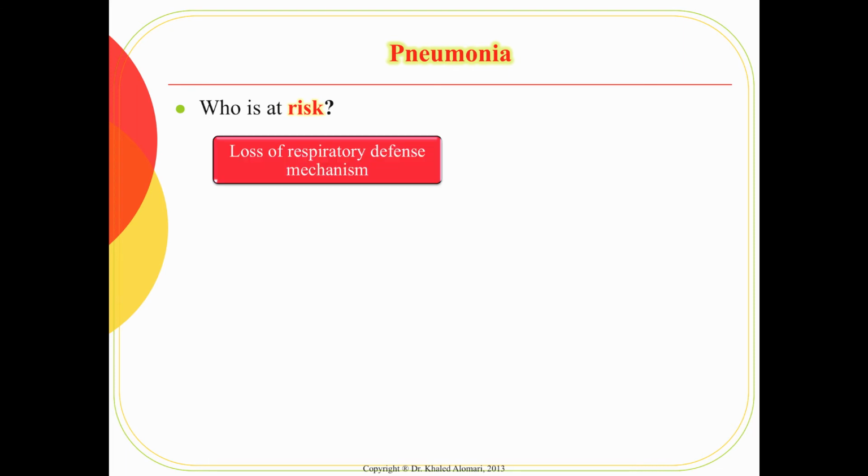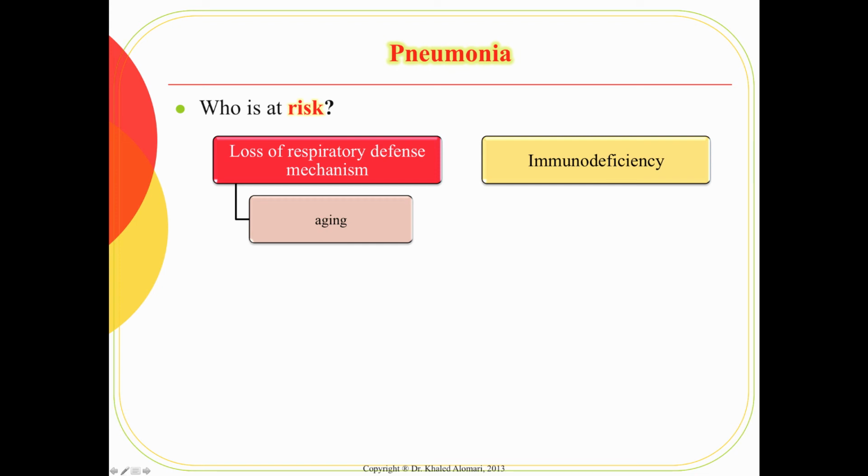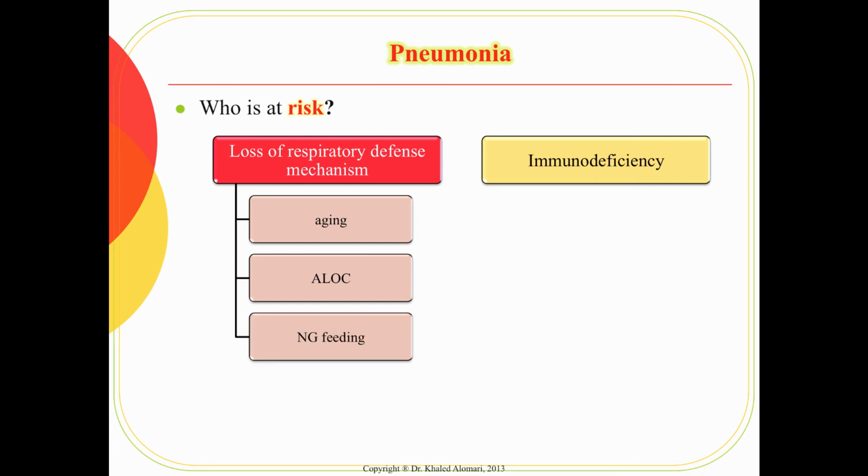Now, as you understand, there are two groups of people who lost their defense mechanisms, or people with immunodeficiency. Patients lose these defense mechanisms by age, and also altered level of consciousness after drugs or anesthesia. Patients with NG feedings, because the NG tube works as a bypass, basically, a way in for these microorganisms, in addition to aspiration, of course.